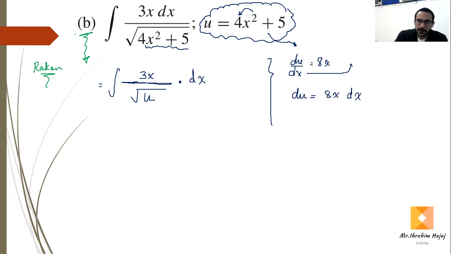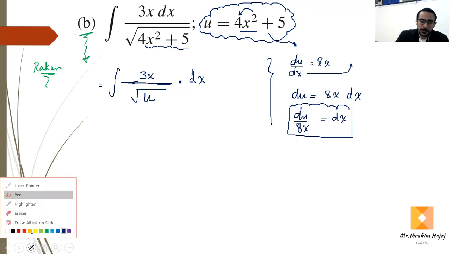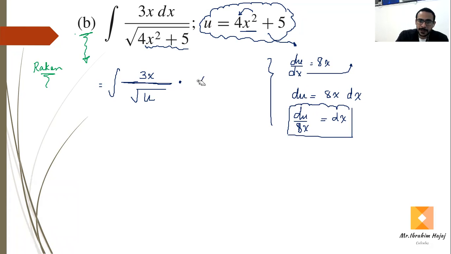Bring the dx here on the right hand side, and then divide each side by 8x to isolate the dx. So dx equals du over 8x. So replace the dx, and replace the u in the question. This dx can be cancelled out. We can erase this dx now and substitute by du over 8x.